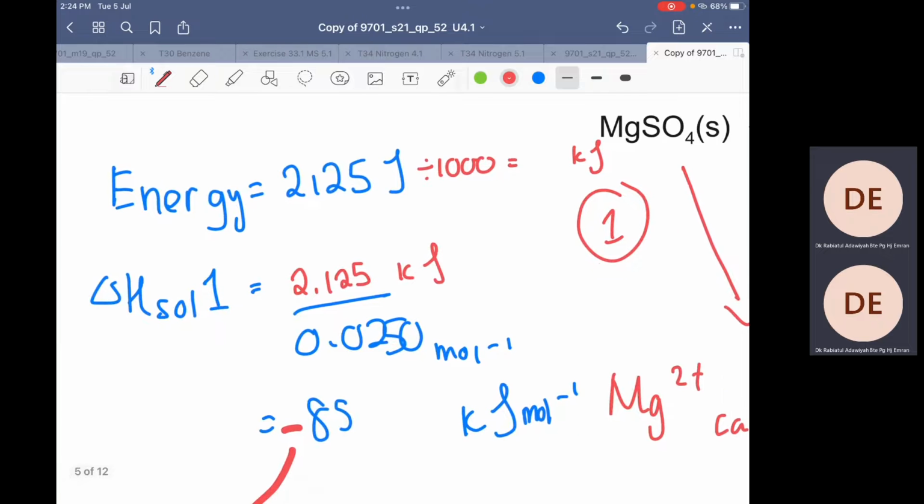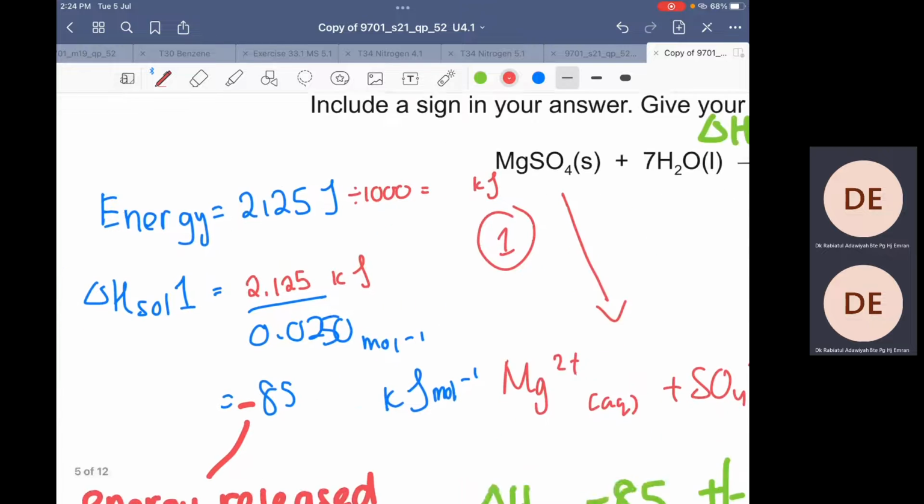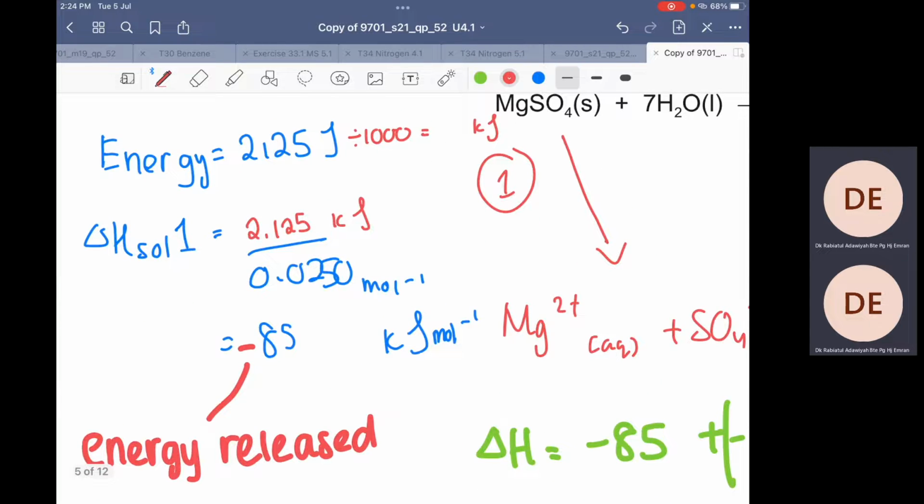You should get 85 kilojoules per mole, but don't forget the question mentioned experiment 1 releases energy, so it's a negative sign. So this is the value. I call it delta H sol 1, enthalpy change of solution for experiment 1.